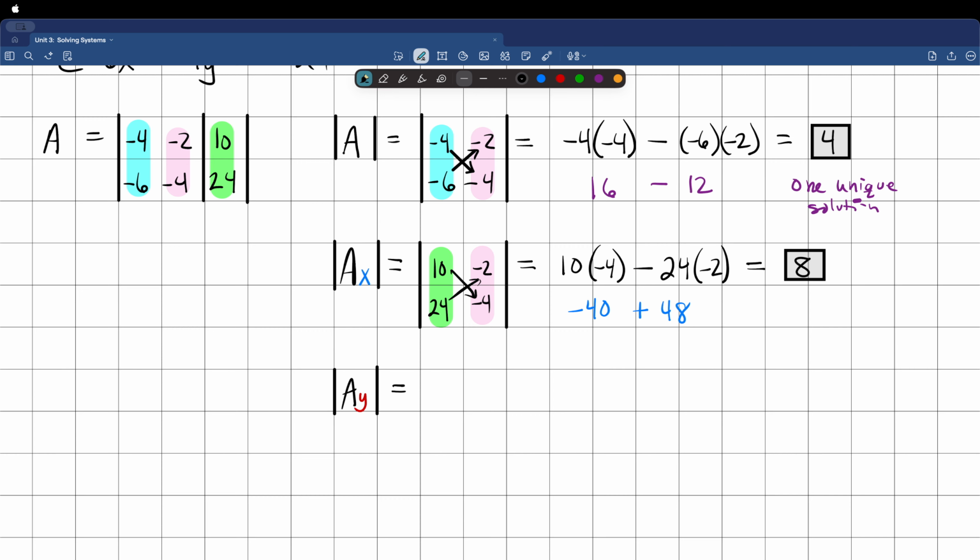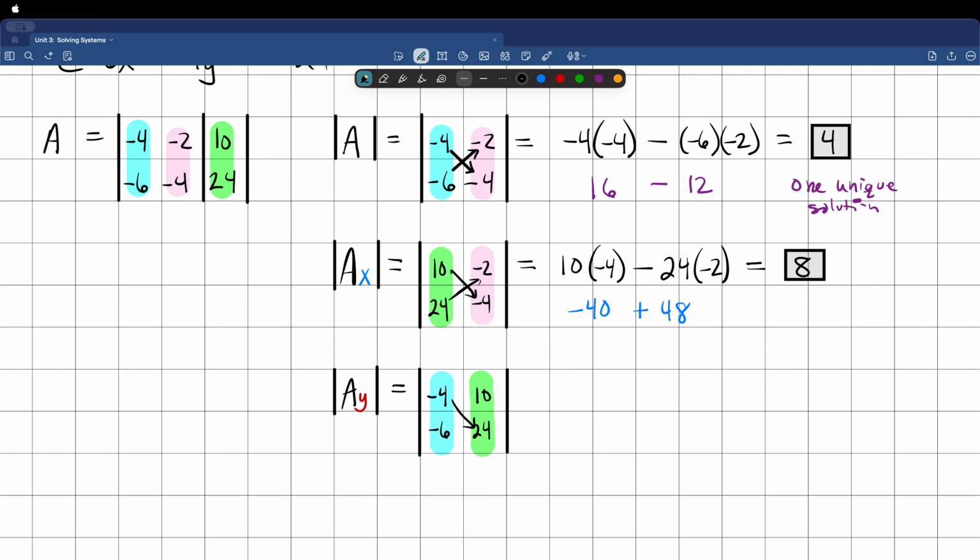Okay, so we're going to take another square matrix. And this square matrix is going to be composed of the x component in the first column, and the constants are going to replace the y component. So we're going to have negative 4, negative 6, 10, 24.